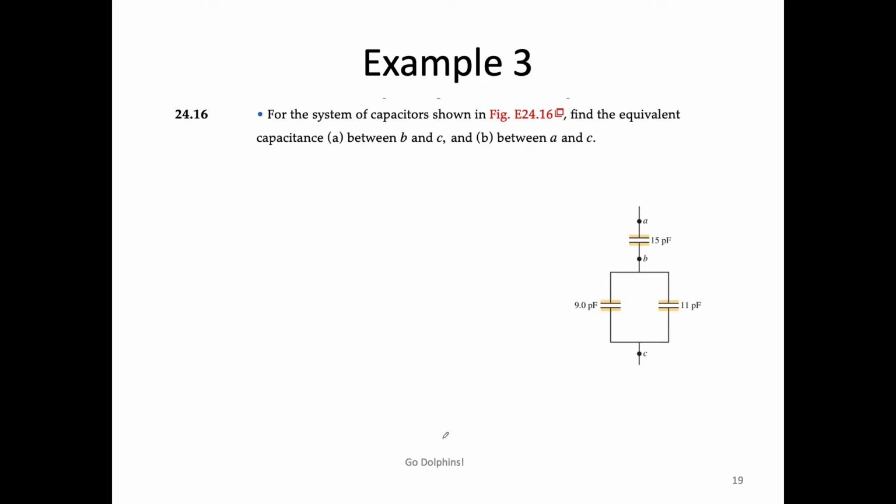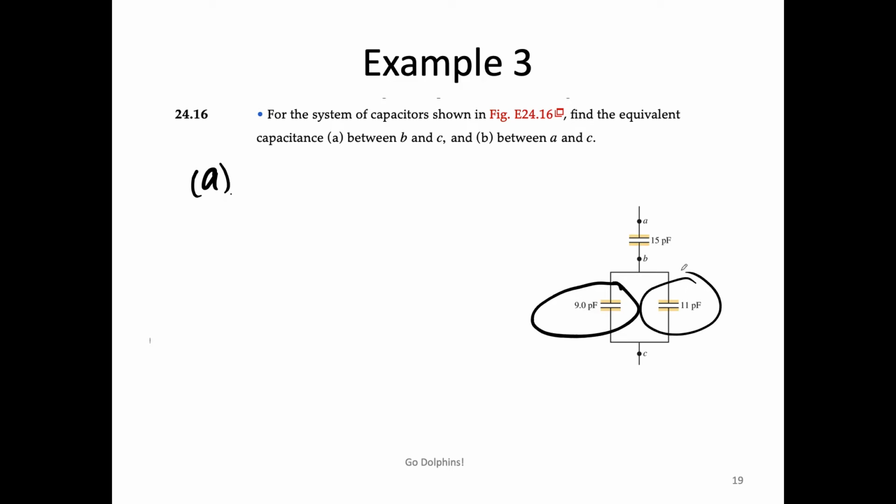Okay, now this is two capacitors in connection. What's going to happen if we have more than two? So let's look at this example. Find the equivalent capacitance between B and C. So I have a 9 pF capacitor, I have an 11 pF capacitor.